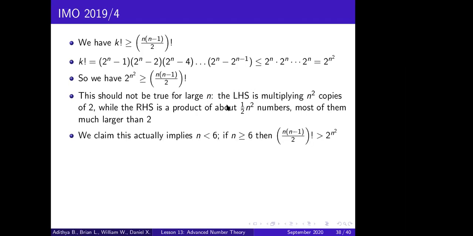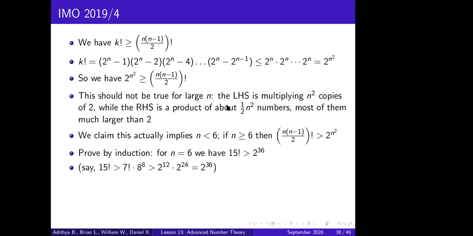So we claim that actually, large n is just n at least 6 is enough. So first, we will prove it for n equals 6. We have 15. We want to show that 15 factorial is greater than 2 to the 36. Well, we can just do this by bounding the values.